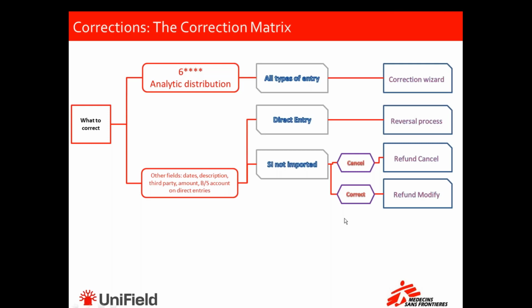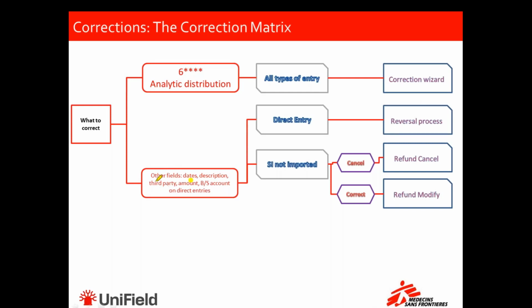It's about when the period is closed. If the period has been closed, then which of these corrections would you use with regards to the wrong third party? Okay, so you want to correct the third party. So we are in this case.